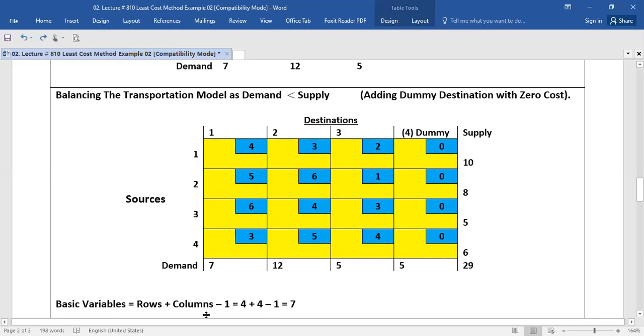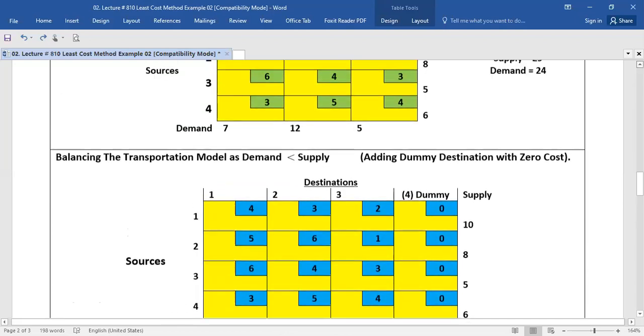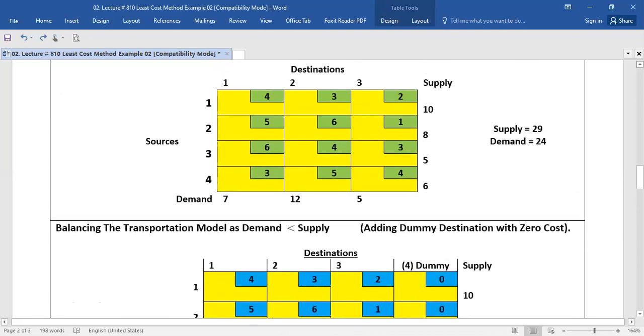Here we have basic variables 7. 4 are the rows, 4 are the columns. Minus 1, we have 7 basic variables. So we will make 7 allocations total. I again say that we have a problem where demand is less than its supply.